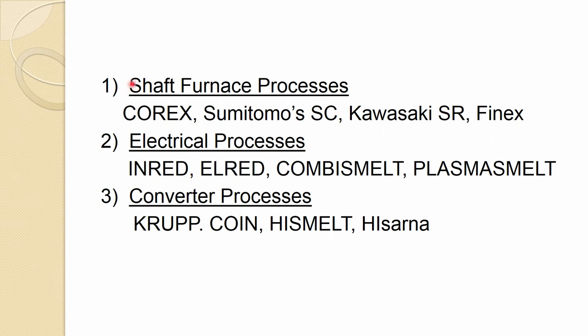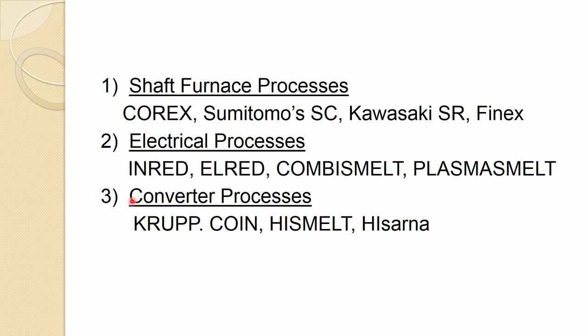So, now the smelting reduction process can be divided in different categories. Those processes which are based on shaft furnace, these are like COREX, Sumitomo SC, Kawasaki SF, FINEX. Electrical processes, some processes also use electricity as an energy source, like INRED, LRAD, combi smelt, plasma smelt, these processes and some others use electrical energy besides the other.